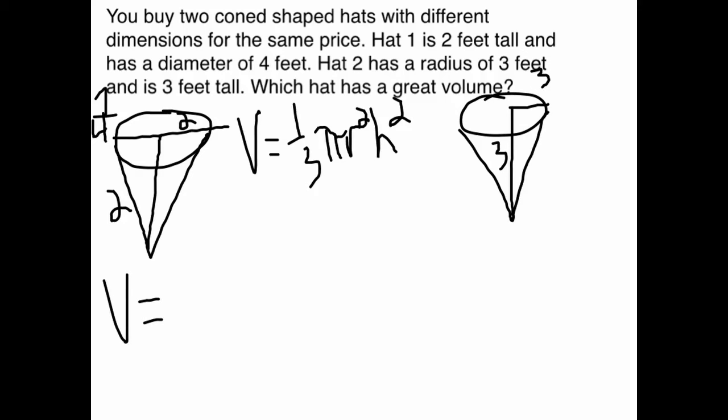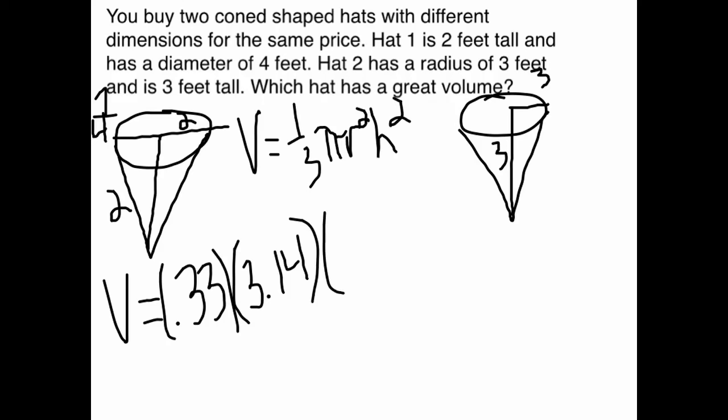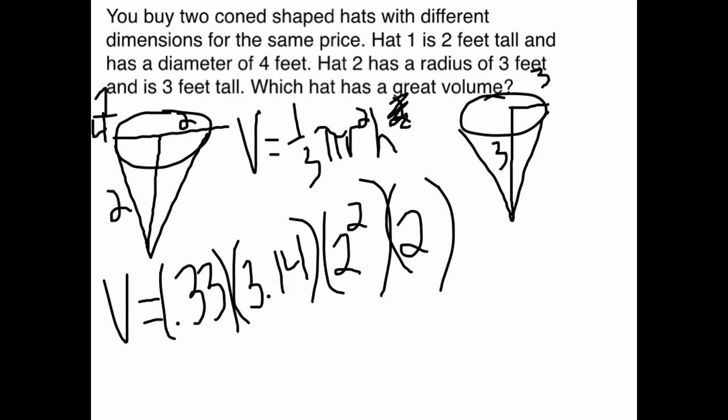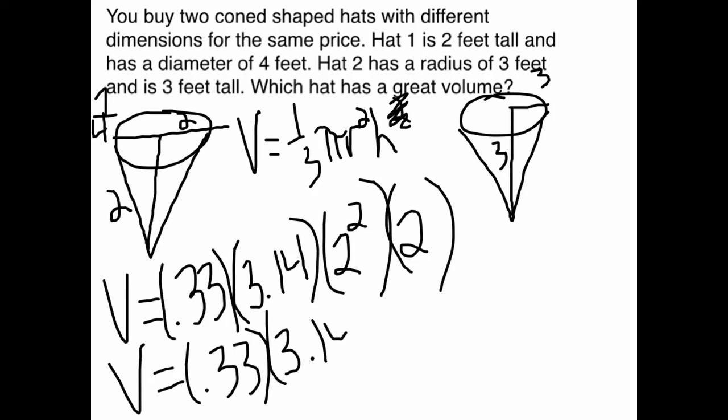So if I go ahead and use my calculator and simplify 1/3 down to a decimal, it's going to come out to 0.33, which I can just use. Pi is 3.14. We had a radius here of 2. We'll raise that to the second power. And we had a height of 2, and there should not be a power there. A height of 2 as well. Now, let's simplify this down even more and get rid of that exponent. Bring our 1/3 down. Bring our 3.14 down. 2 squared is 4.